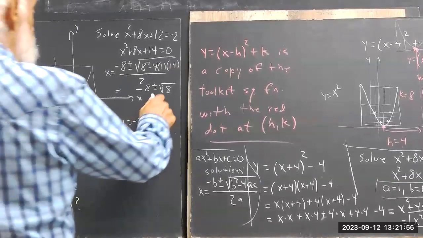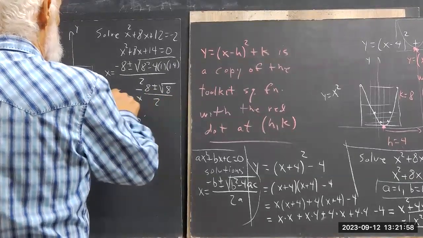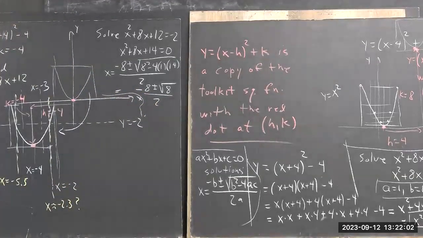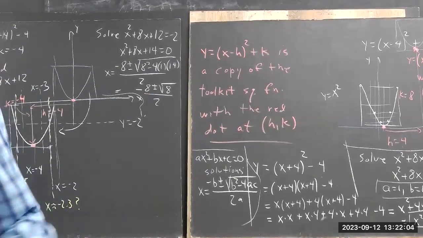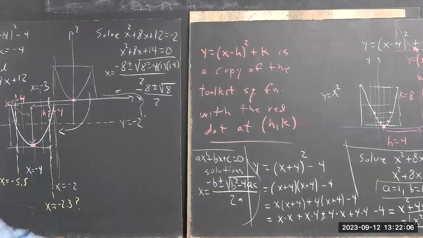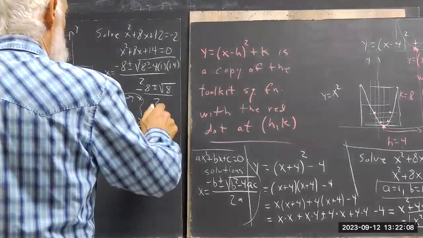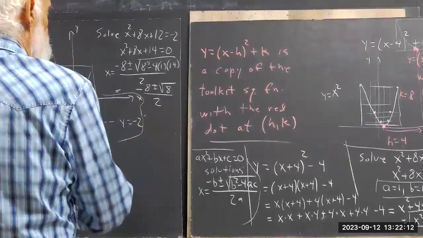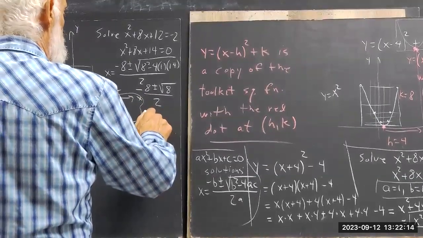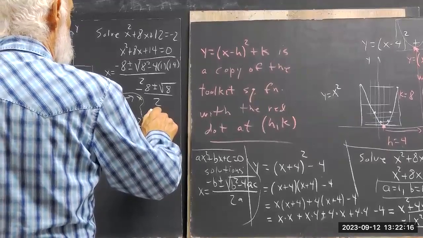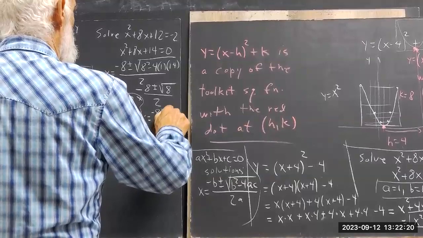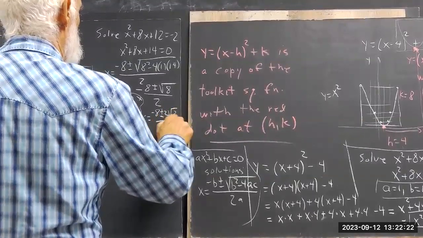Now, you might not be able to do that in your head, but maybe you can. But you probably are allowed to use a calculator, so it's unlikely that you'd have to do that. But you can do it on paper. Well, that's -8 plus or minus 2 times the square root of 2, over 2.